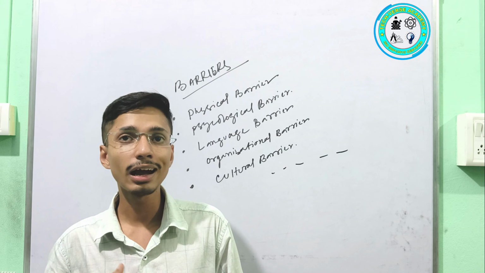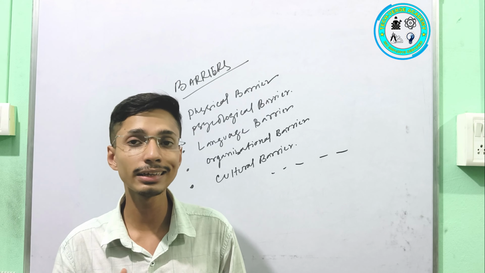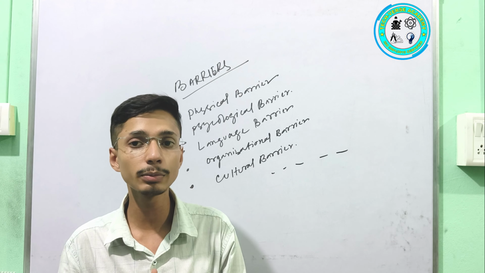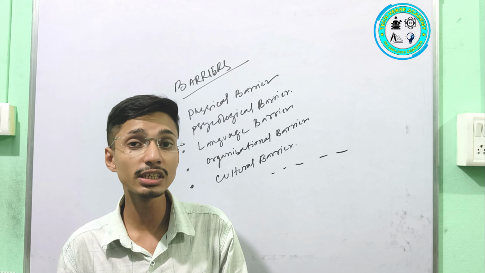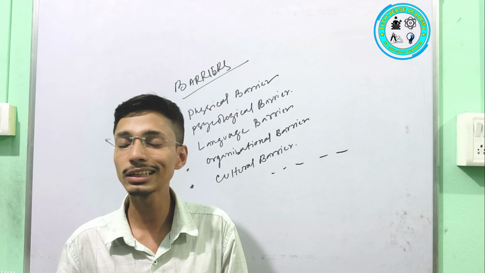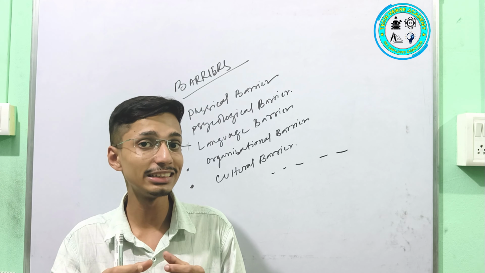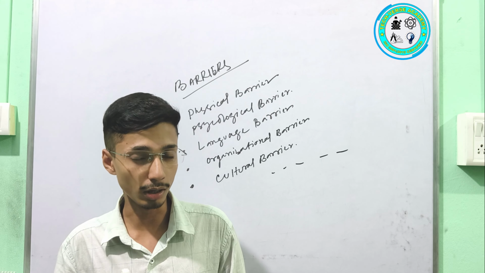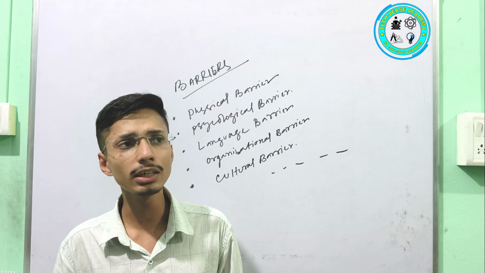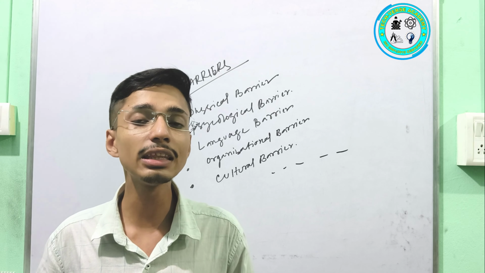We can't easily share our thoughts and emotions in a short time, we can't get feedback properly, and we can't generate proper understanding between sender and receiver. In short physical distance, the communication process will be very effective, and doubt solving also. So we have to manage the physical barrier.